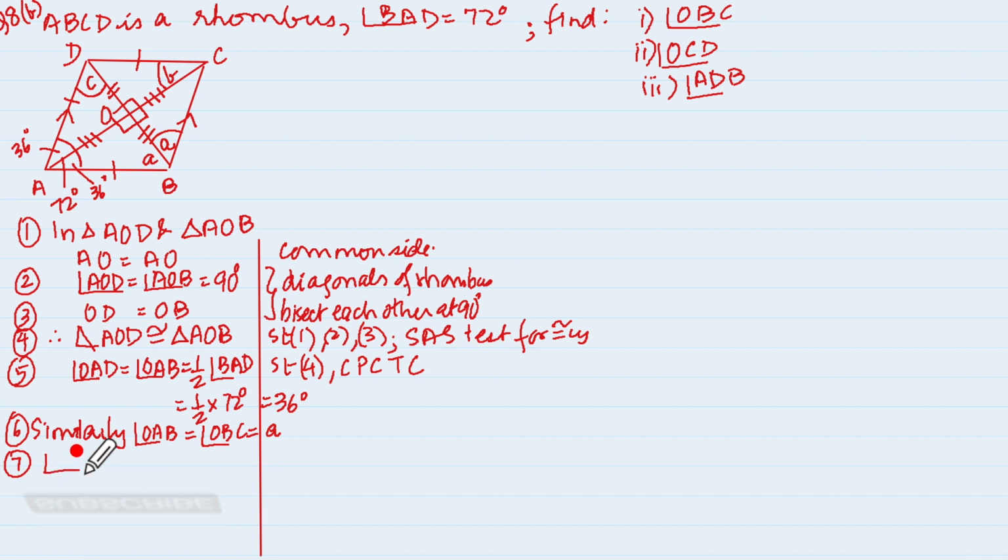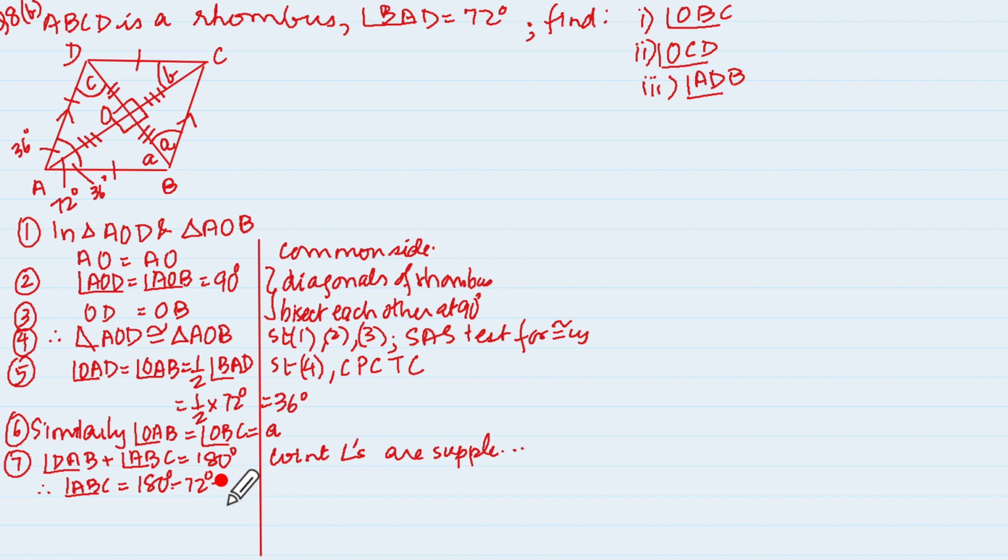What we will say? Angle DAB plus angle, this one means ABC, add up to 180 degrees, and because they are co-interior angles, they are supplementary. Okay, so DAB is 72, so therefore angle ABC will be equal to 180 degrees minus 72 degrees, which is 108 degrees, correct, which will be equal to 2A.